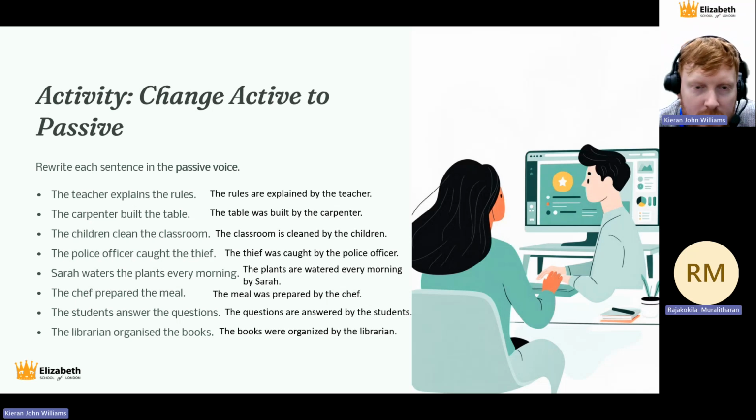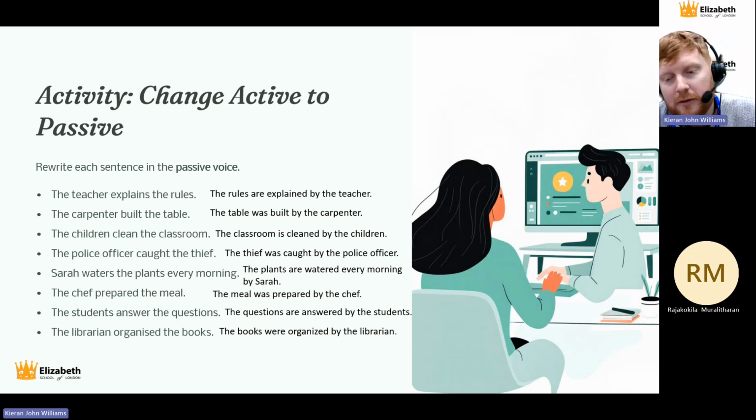So in that situation, we would use "are". So we would say the rules are. Now we need to put "explain" into the third form of the verb. So explain, explained, explained. So it would be the rules are explained.